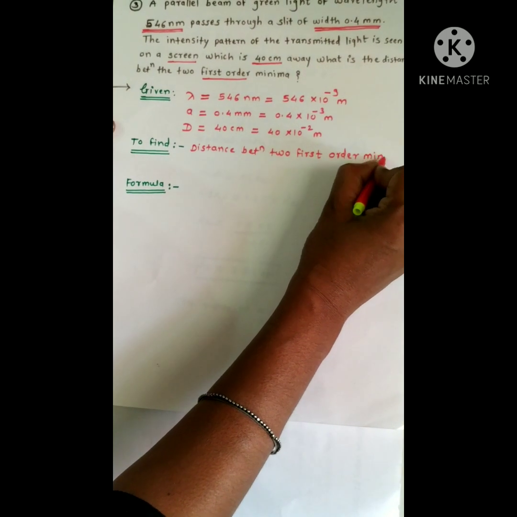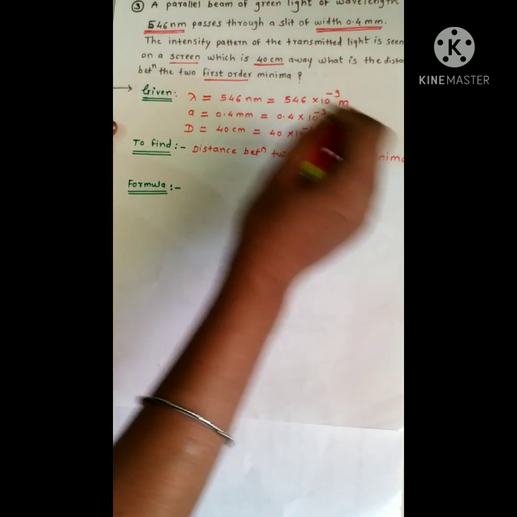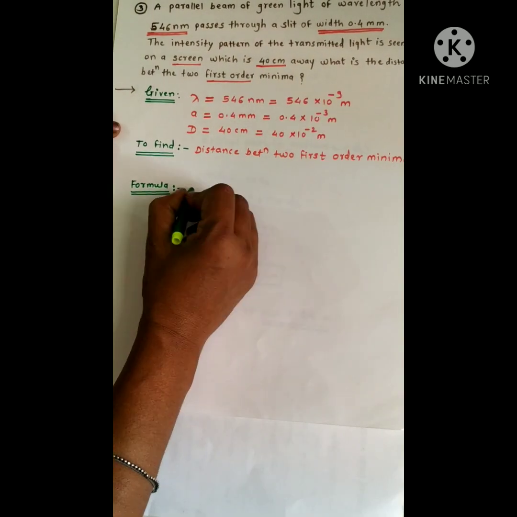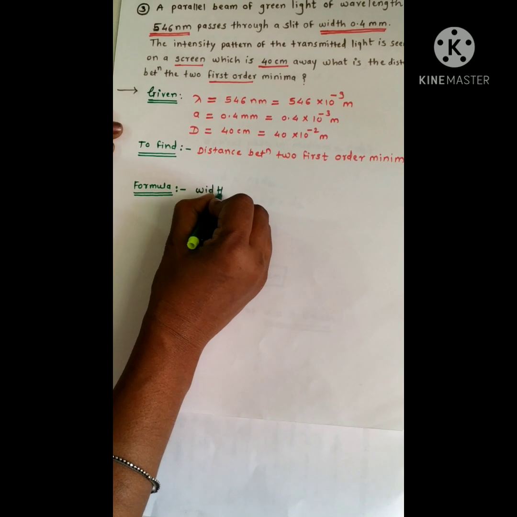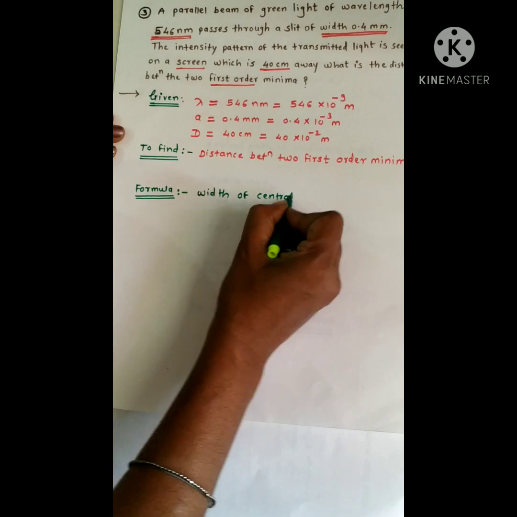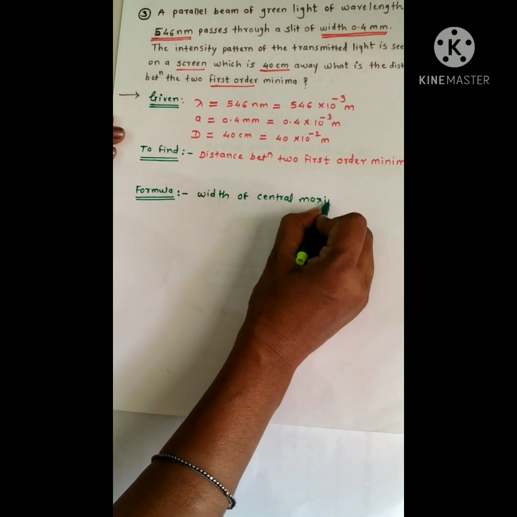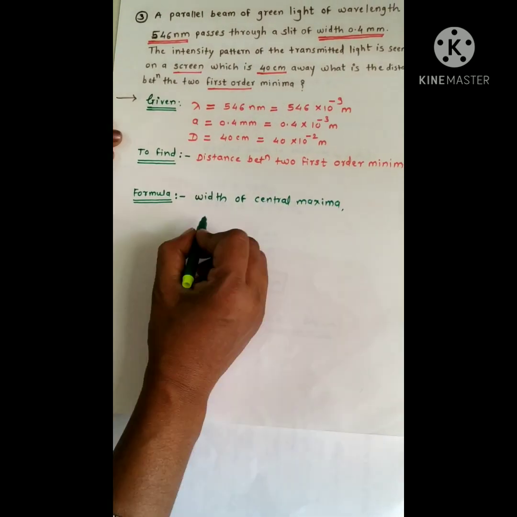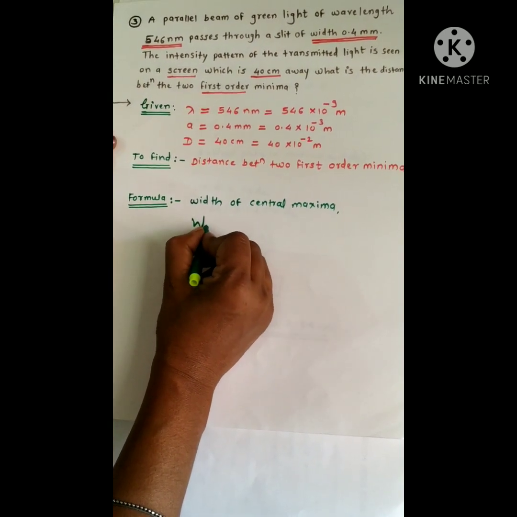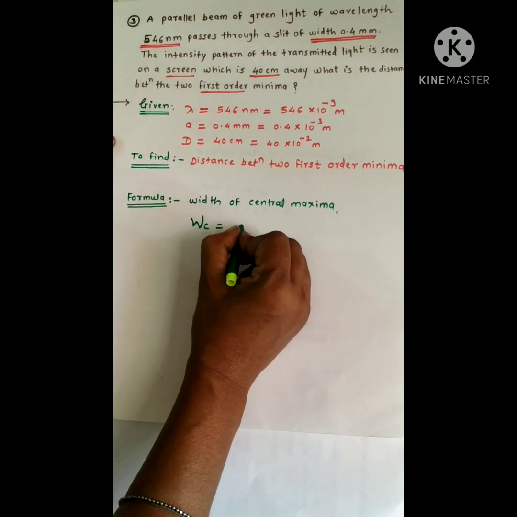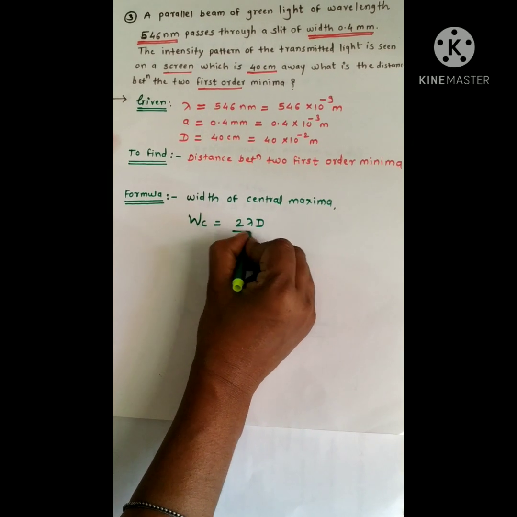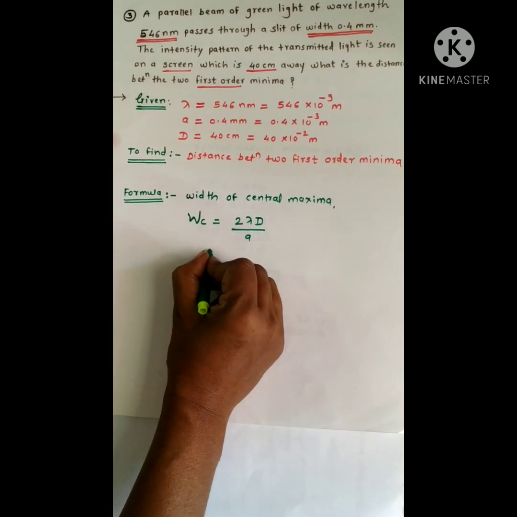Now next, see here, the formula for the width of the central maxima. What is the formula for the width of the central maxima? That is W, width, for central, C, is equal to 2 lambda D upon A. Now substitute all values.